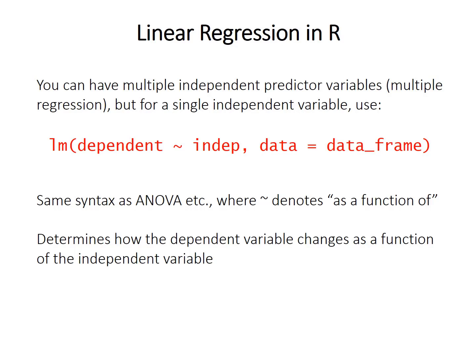And we often use the data equals whatever data frame syntax, so you can just give the column name for the dependent and the column name for the independent, and then specify the data frame where those should be found. And remember that the dependent variable, the first one, will be on the y-axis in your plot, and the independent variable should be on the x-axis in your plot.